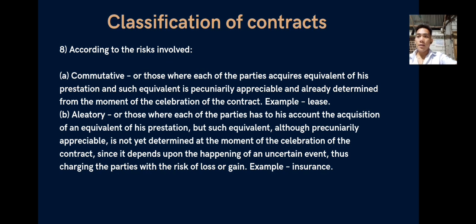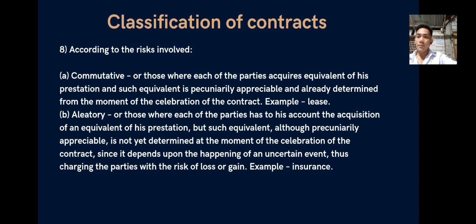And the eighth classification of contract is according to the risk involved. So, commutative, or those where each of the parties acquires an equivalent of his prestation, and such equivalent is pecuniarily appreciable and already determined from the moment of the celebration of the contract. Example is the lease.